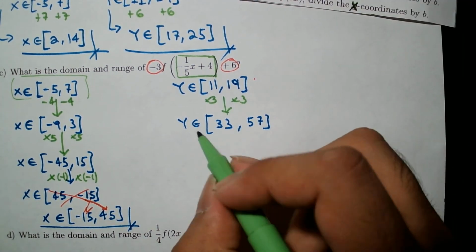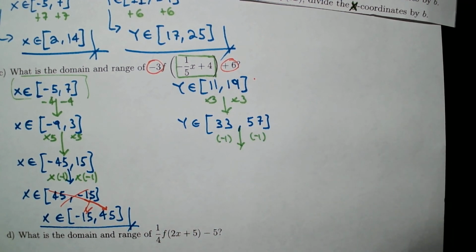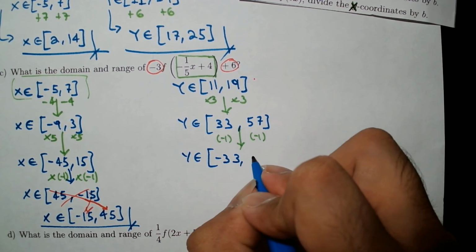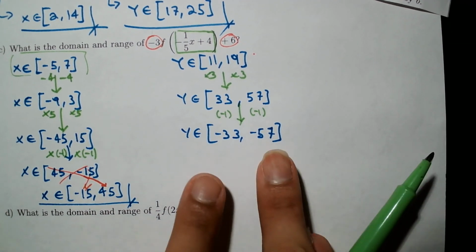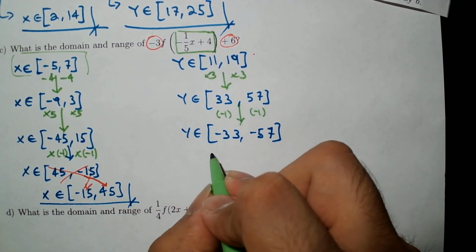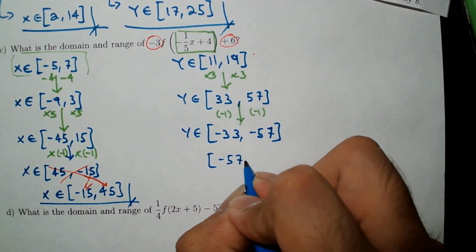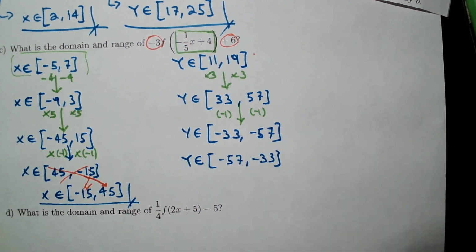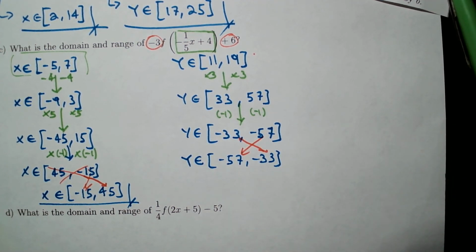This times -1 will give me y belongs to -33 to -57. But again, this doesn't make sense. When it comes to reflecting, we always have to change the order of this: -57, -33. Right, so that's what I'm doing, writing them in the correct order.